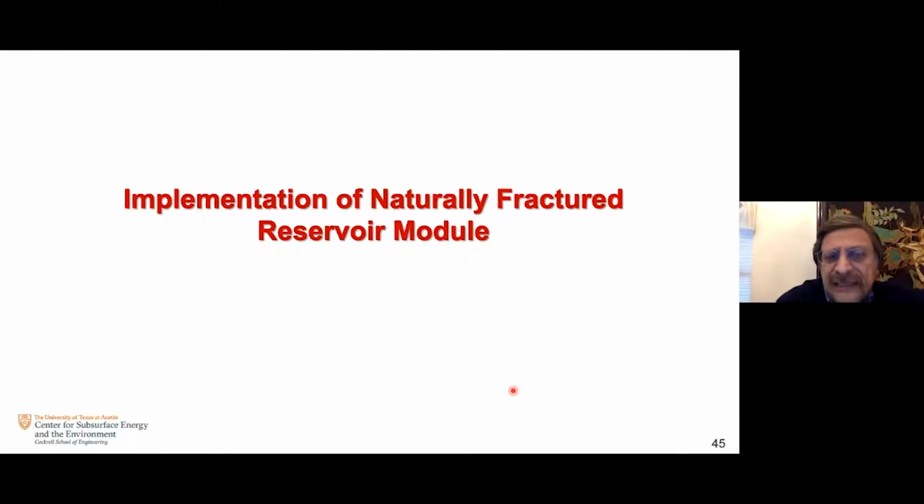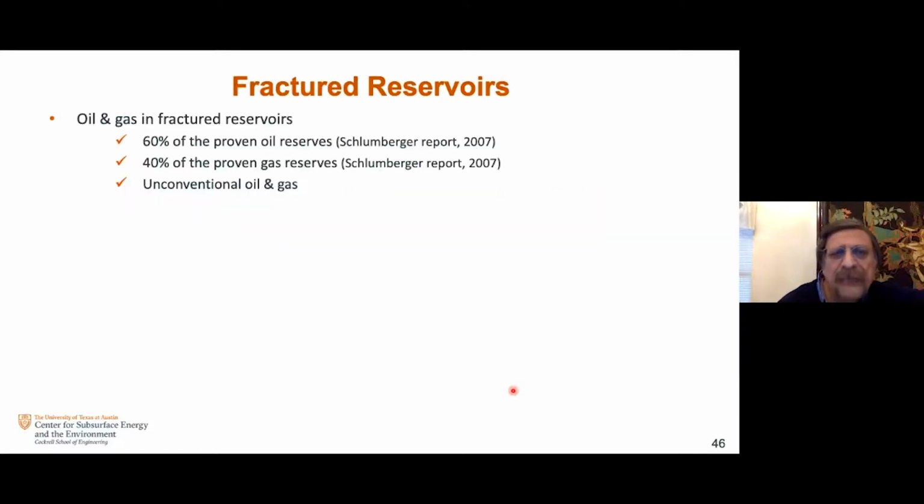One area that we have concentrated on is natural fractured reservoirs, and more recently hydraulically fractured reservoirs and a combination of hydraulic and natural fractured reservoirs. Quite a bit of oil in the world, especially in the Middle East, exists in natural fractured reservoirs, and more recently, as I indicated a minute ago, in the unconventional reservoirs, fractures become important and need to be addressed.